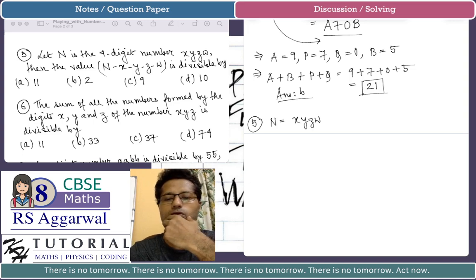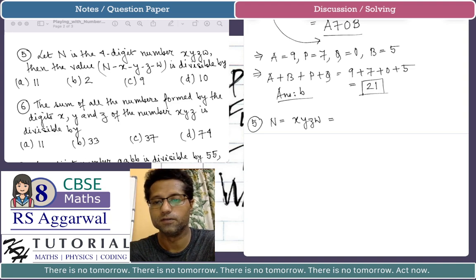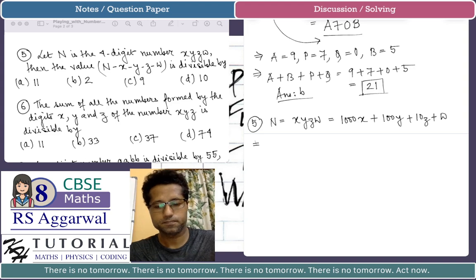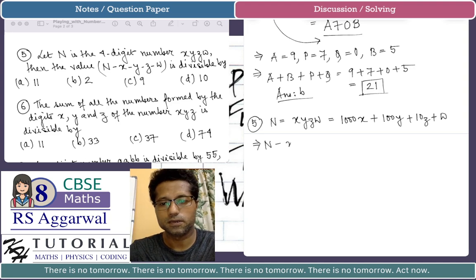And so if we express this 4-digit number n in general form, it will be 1000 times x plus 100 times y plus 10 times z plus w. Now it is asking for the value of n minus x minus y minus z minus w.